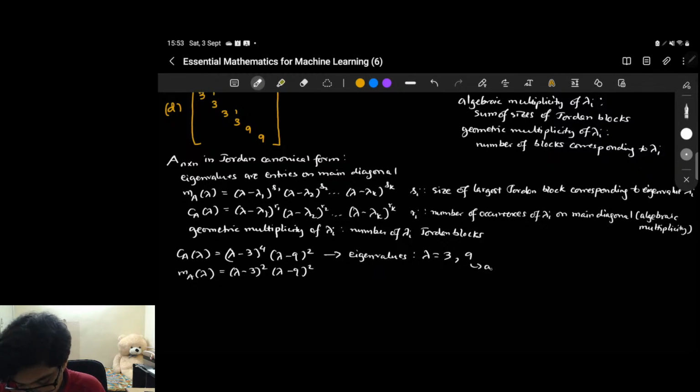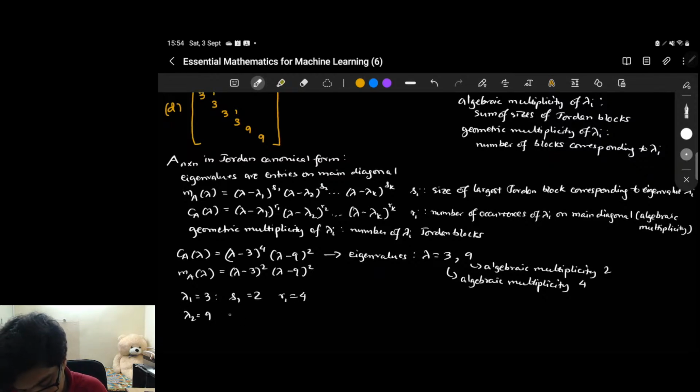So 9 has an algebraic multiplicity of 2 and 3 has an algebraic multiplicity of 4. Let us say lambda 1 equal to 3. For this, S1 is 2 and R1 is 4. And for lambda 2 equal to 9, we have S2 equal to 2 and R2 equal to 2.